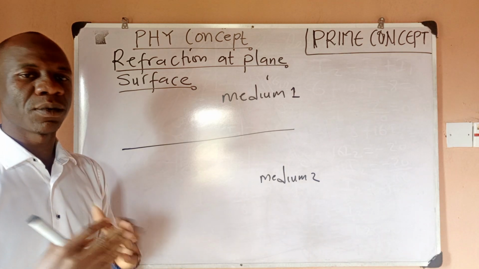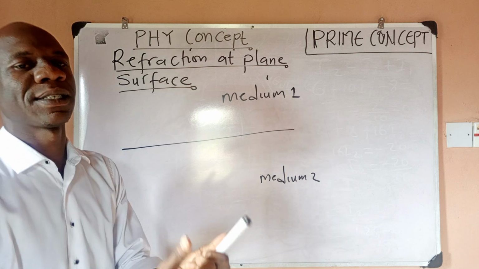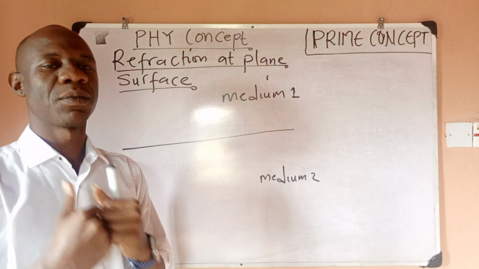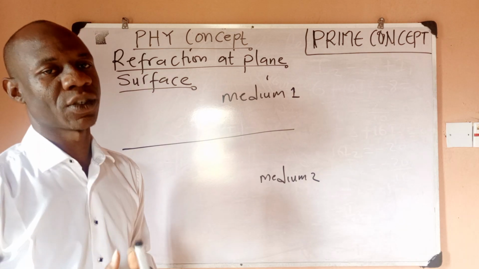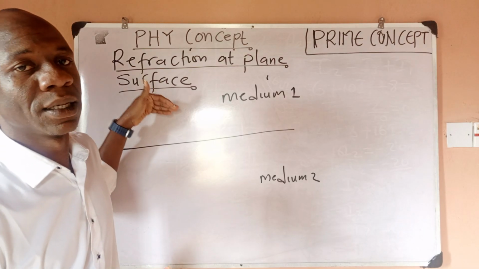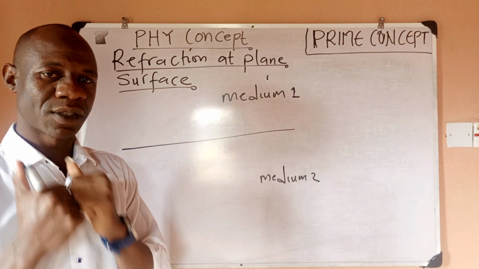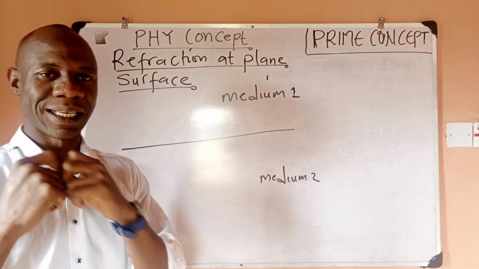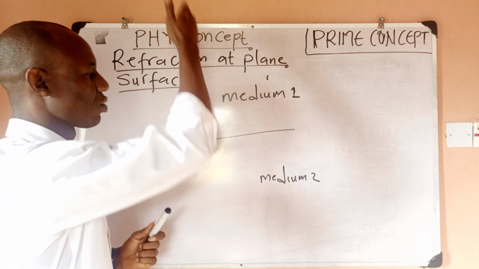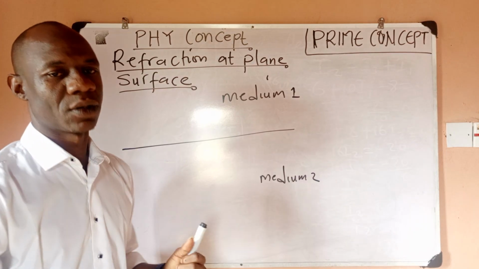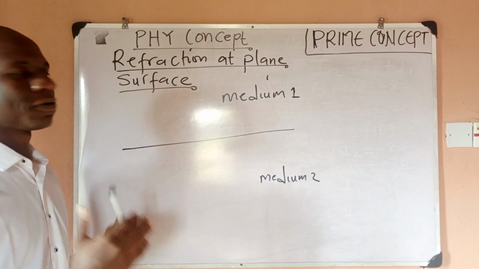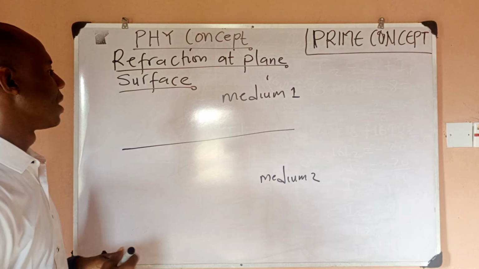That phenomenon of light bending when it crosses a boundary that separates two media is what we know as refraction. And the only case where light incident from one medium to another does not bend is when that light is incident at right angle to the surface. In that case, the light will travel straight on undeviated. It won't bend, right? So that is the idea of refraction, bending of light.